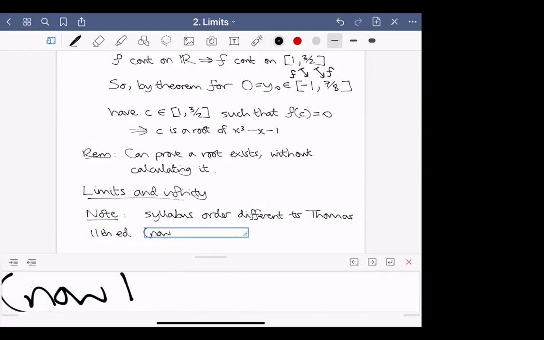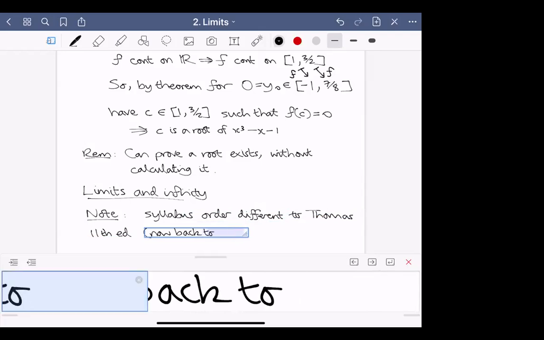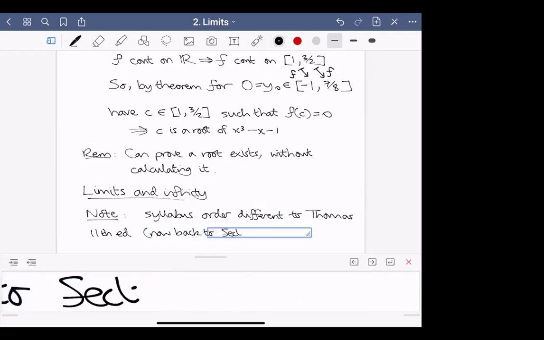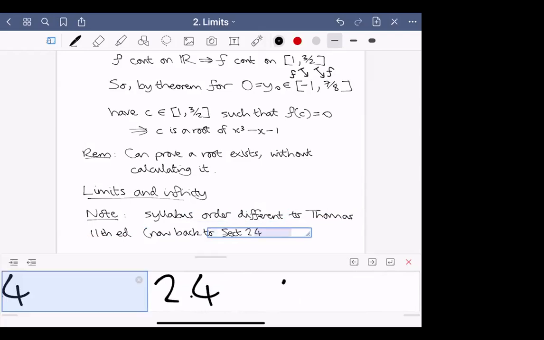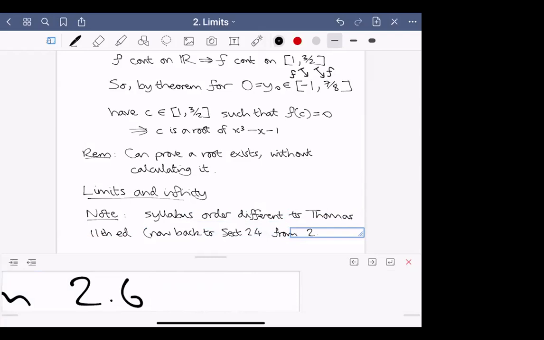So in Thomas, we're now back to section 2.4 from section 2.6.